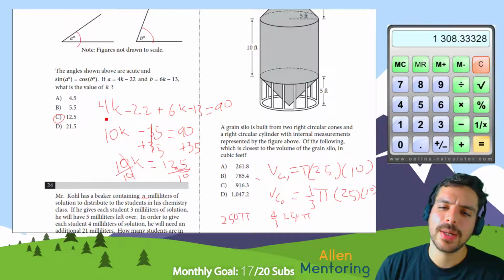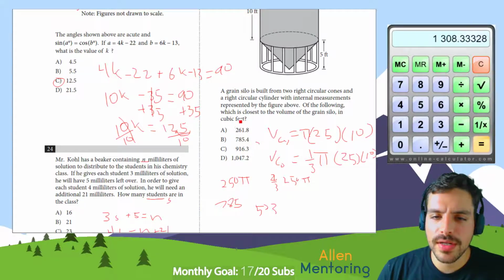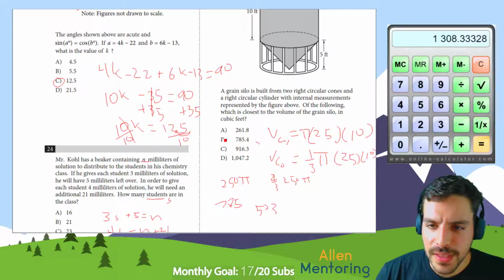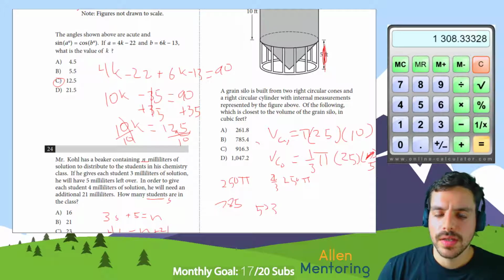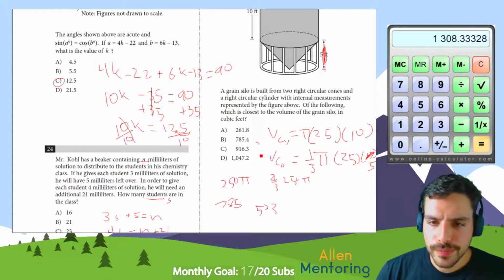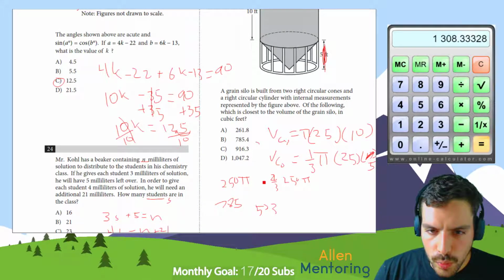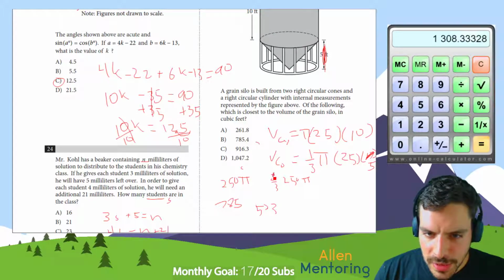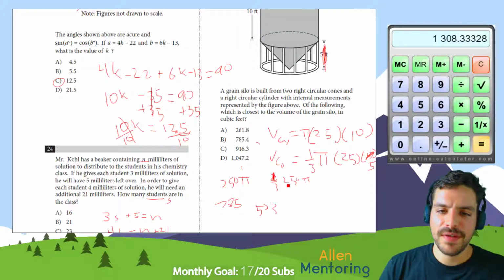Oh, okay. Sorry. See, I made a mistake here. My cone does not have a height of 10 feet. You see this? This is actually supposed to be 5. I didn't realize that these cones were that size. So really what I should have done is 1/3, because instead of 10, the height is going to be 5.